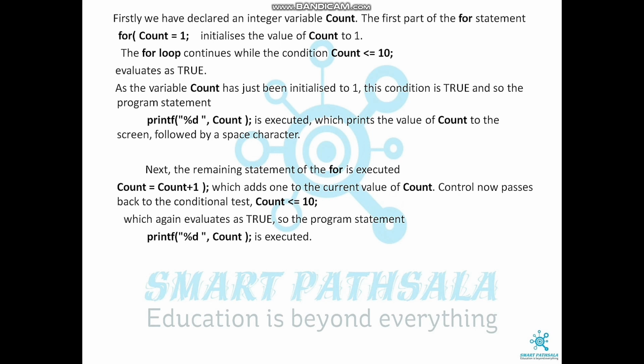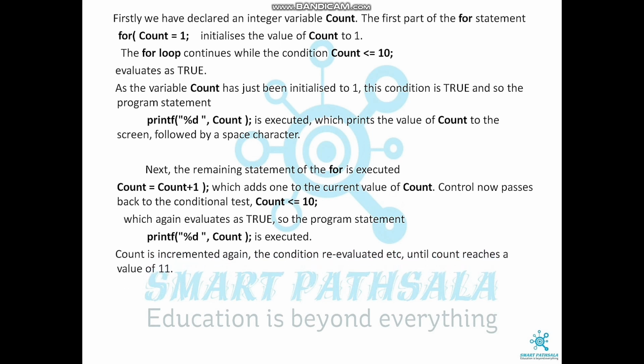It will increment the value of count, which will now be 2, adding 1 to the current value of count. Control now passes back to the conditional test, count less than or equal to 10, which is again true, as 2 is less than 10. So the printf statement will execute again.